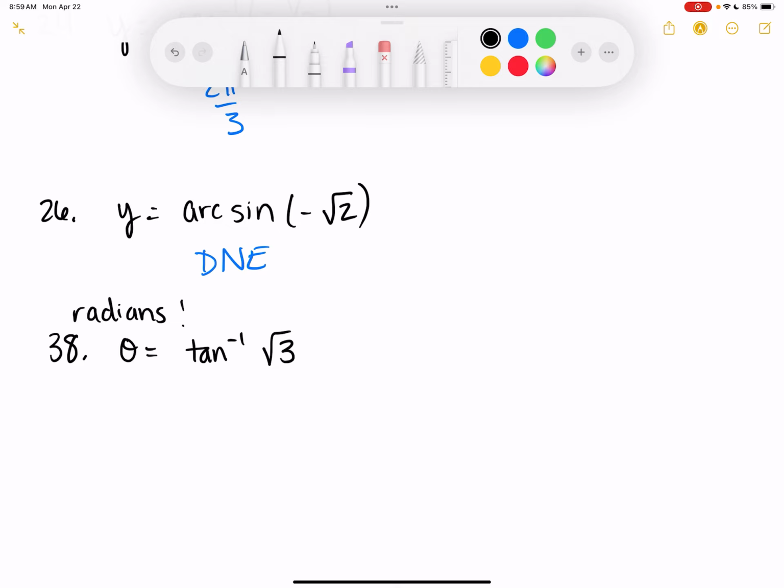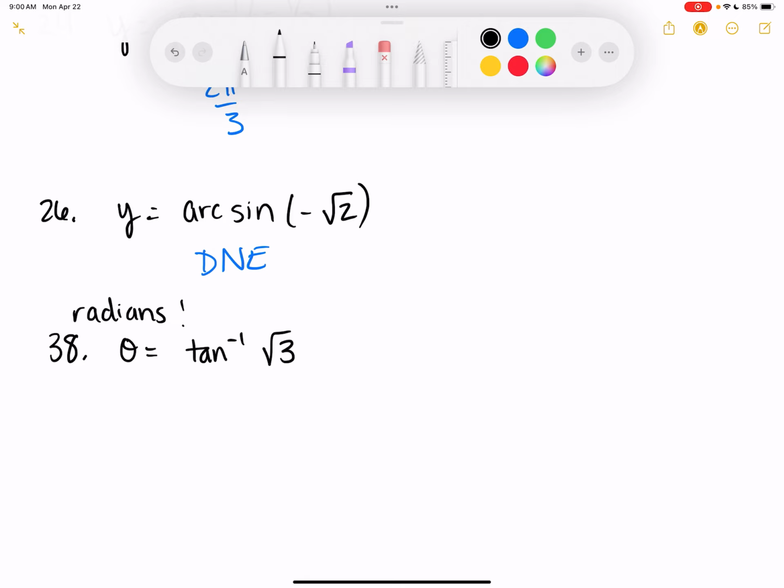What side am I looking at for tangent? Like top or right, basically. Right side. So I need to see where the tangent value is equal to √3. And what radian value is that? Pi over 3.